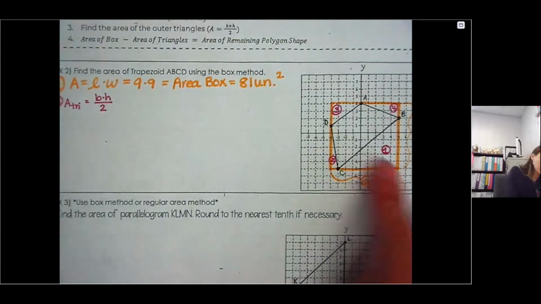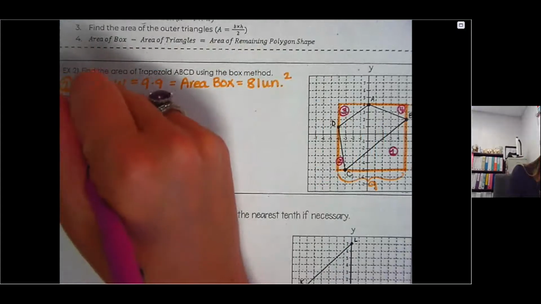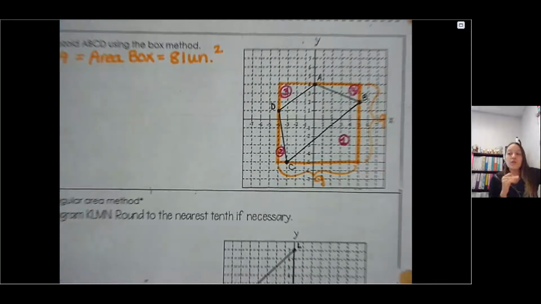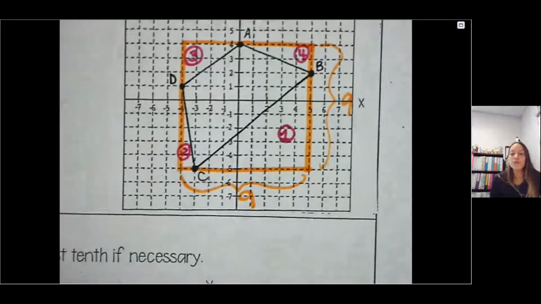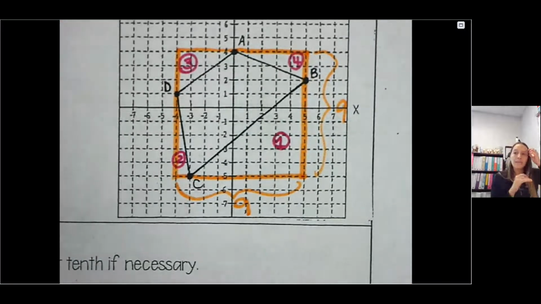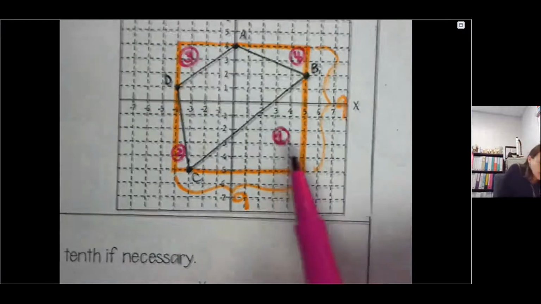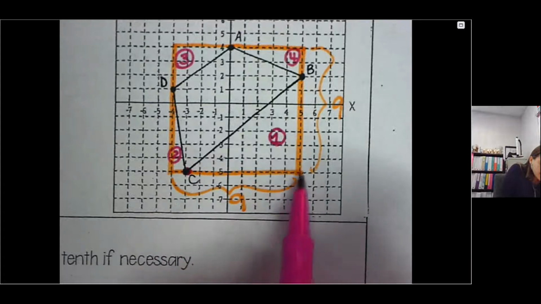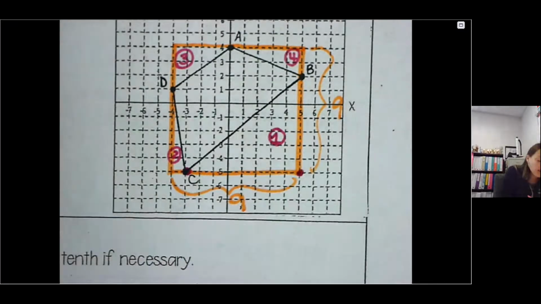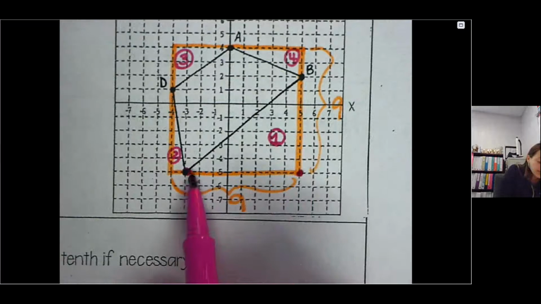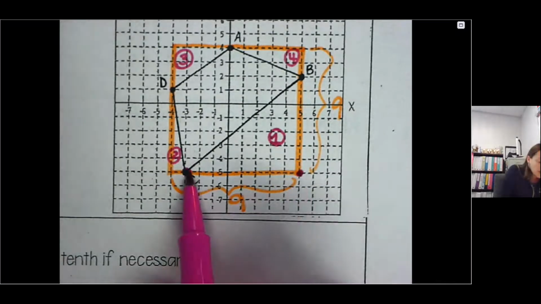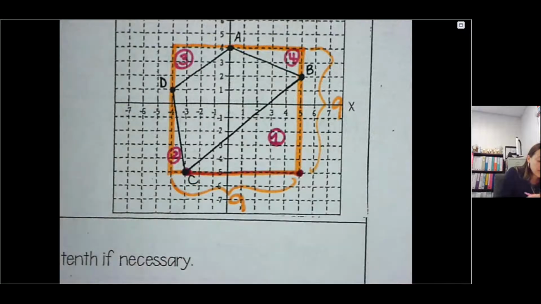Okay, so if we're looking at this one over here, triangle 1, again, because these are vertical and horizontal, all I have to do is count my base and my height. So in triangle 1 here, from C to the edge over here, I'm going to count. And obviously I know this whole thing's 9. So that means this is worth 8 right here. So my base is worth 8.